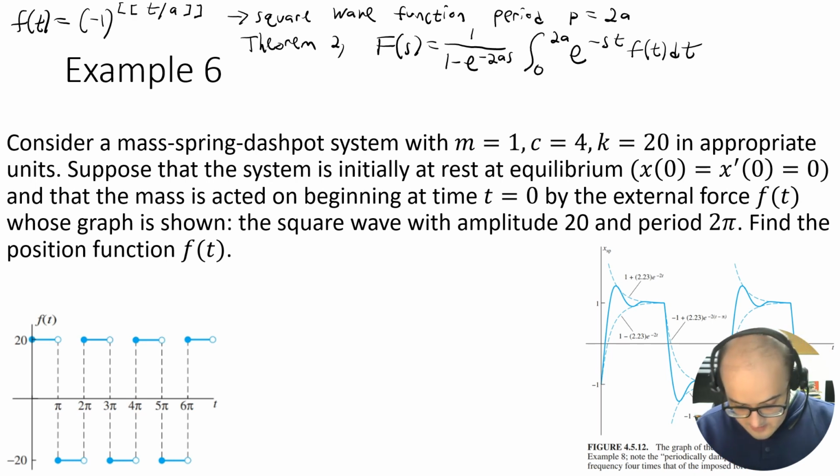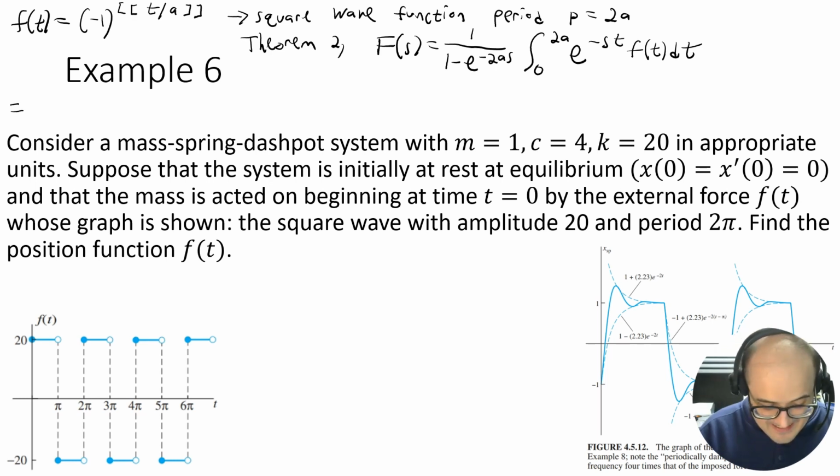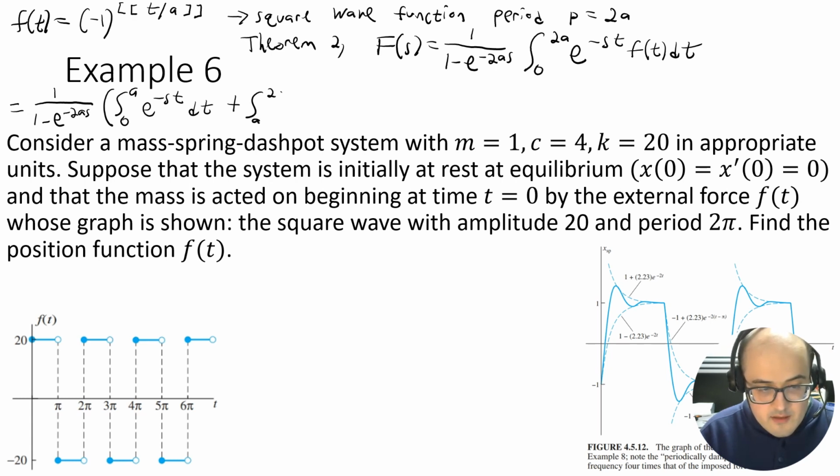So this can be written as, and I'll do it down here for maximum room, 1 over 1 minus e to the negative 2as times the integral from 0 to a of e to the negative st dt plus the integral from a to 2a of -1 times e to the negative st dt.